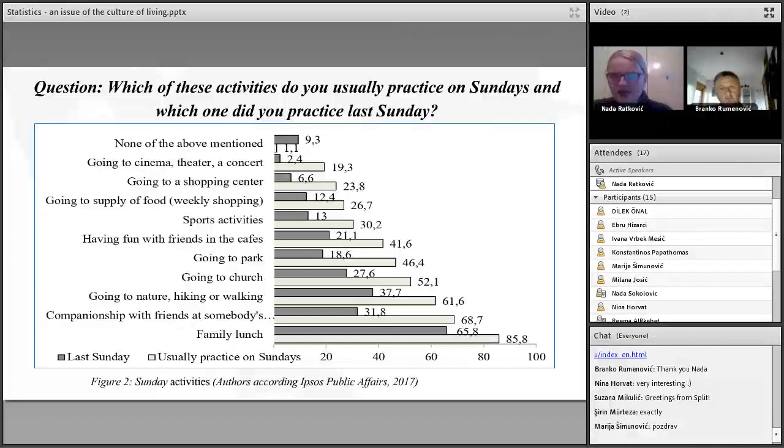Theater, concert, that is not interesting for them. Going to church is 18.6%. What we see here, going to nature, hiking, walking, going with friends, family, lunch. So here we see the data for last Sunday and what people usually practice on Sundays.